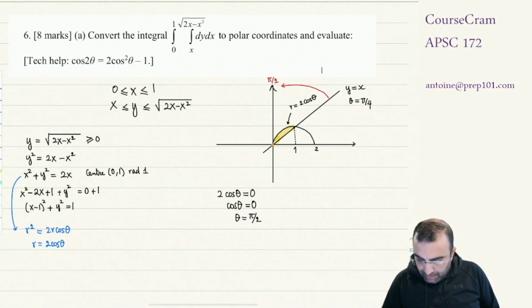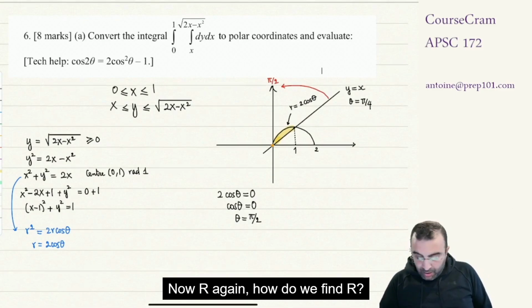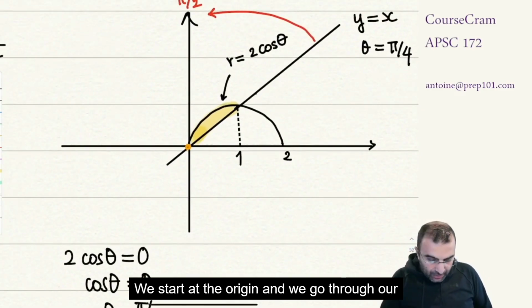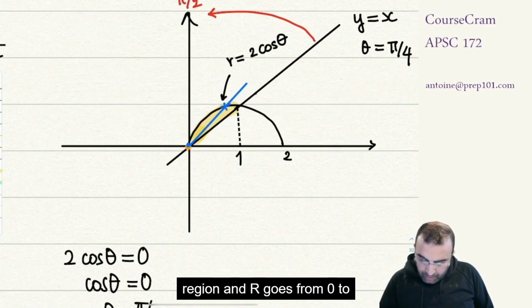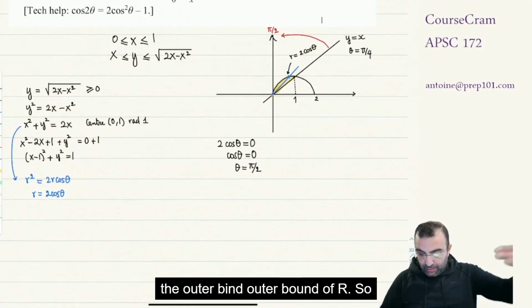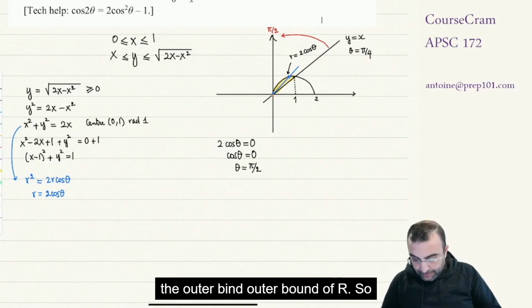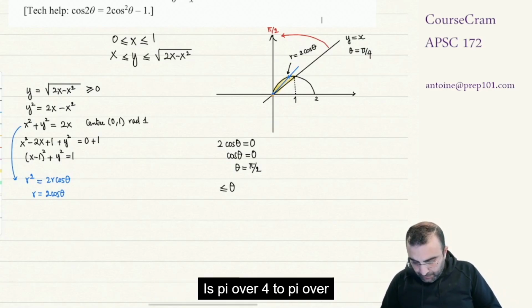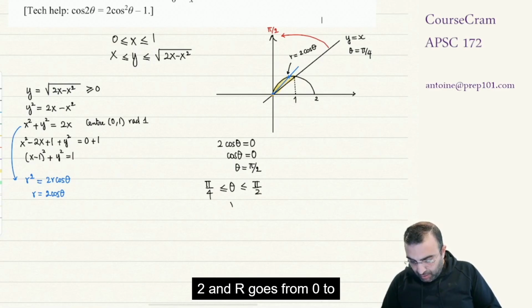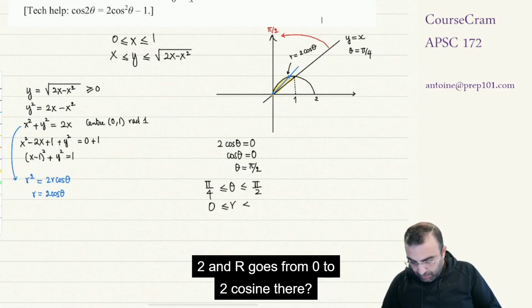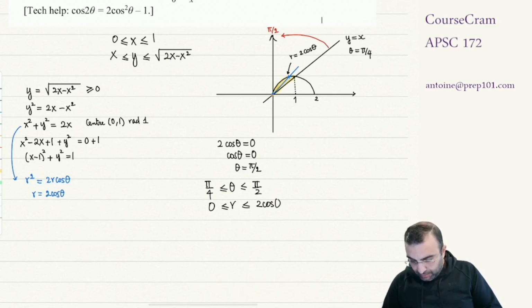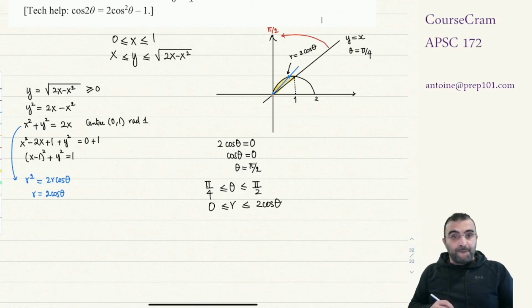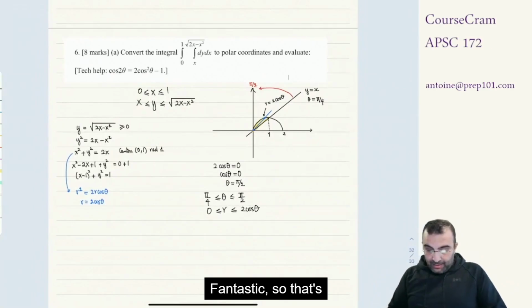That's my theta. Now r, again, how do we find r? We start at the origin and we go through our region, and r goes from 0 to the outer bound of r. So theta is pi over 4 to pi over 2, and r goes from 0 to 2 cosine theta. Fantastic.